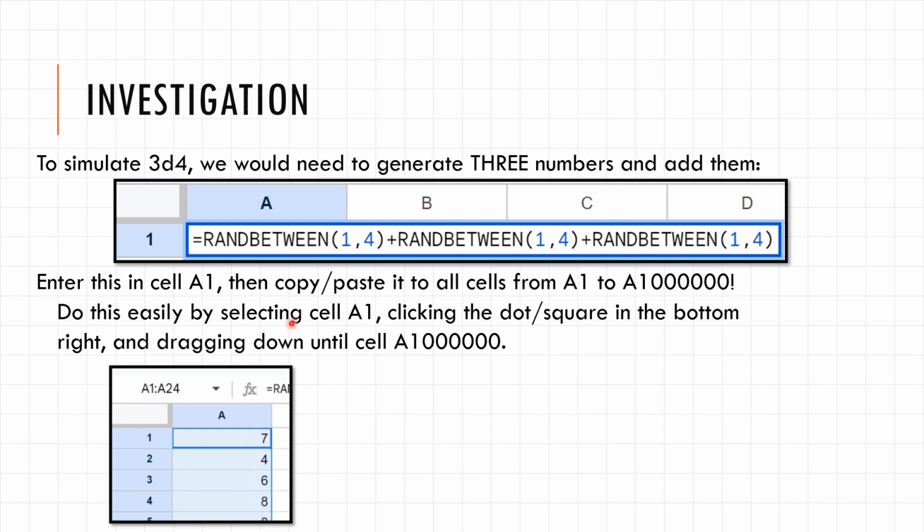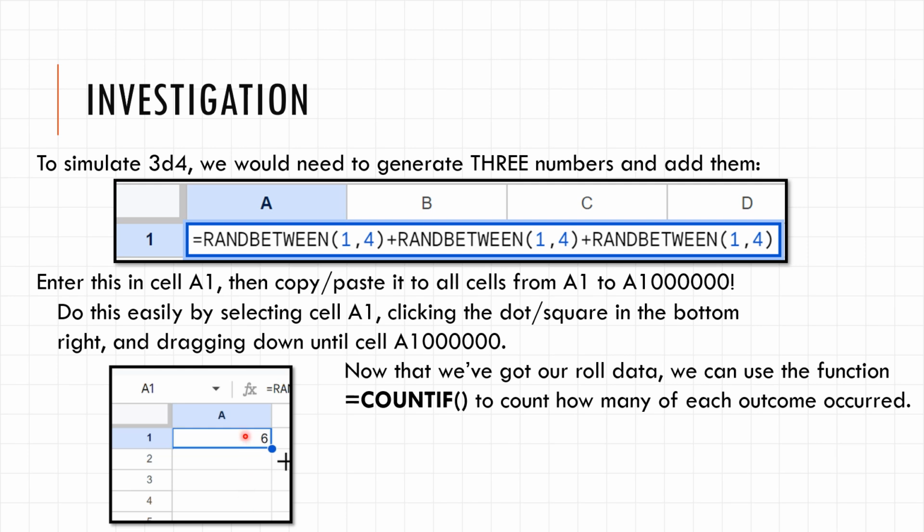I don't have to copy and paste it. I can just click on that circle and drag it down just like this. When I release, it will copy my formula to all of these cells. And now we've got our roll data. We've done this 1 million times.